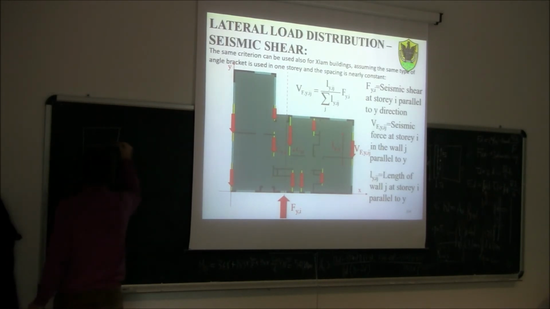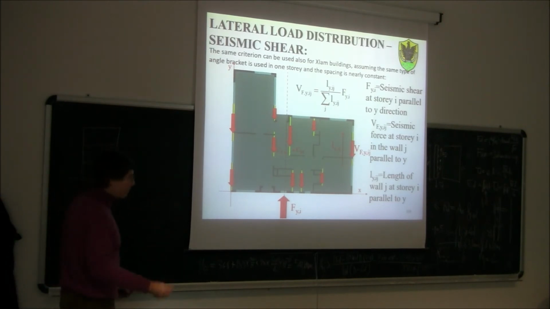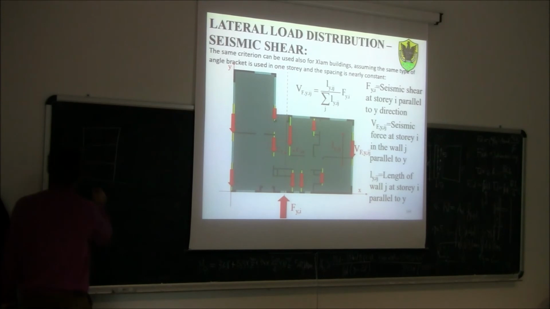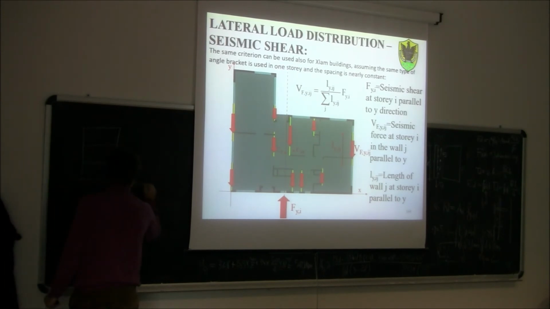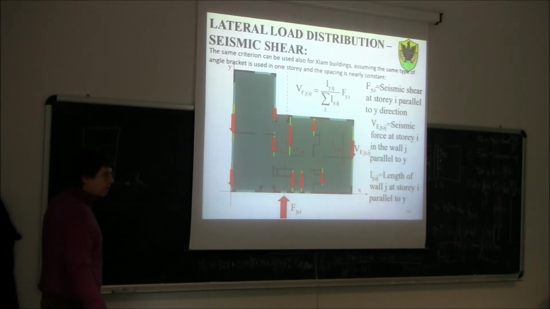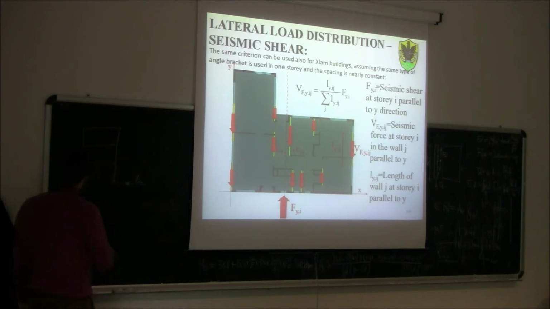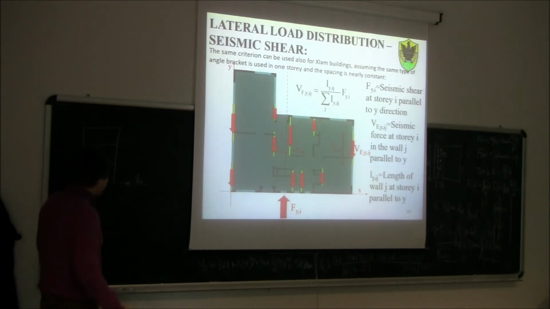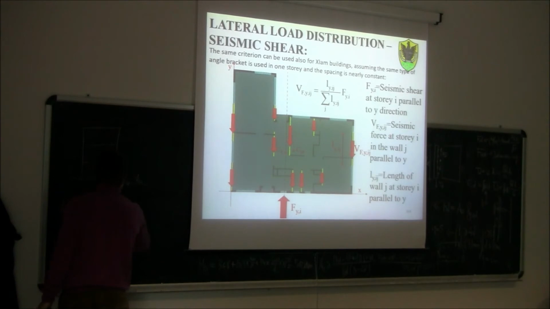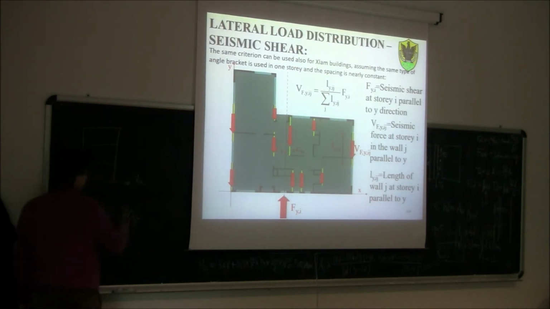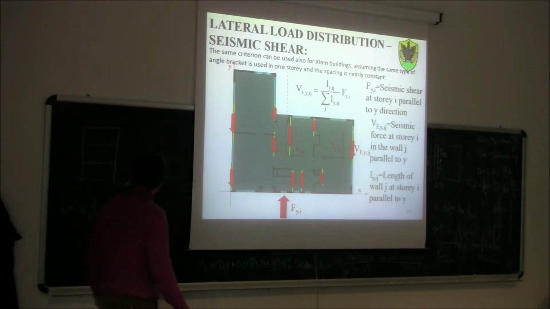What is the logical flow of calculation that I have to do? First of all, I need to calculate the base shear, Fb. The base shear is calculated using the design spectrum, so Sd(T1), which depends on the first vibration period of the building, times, if I remember well, the lambda coefficient, times W divided by g, where W is the seismic weight of the building.